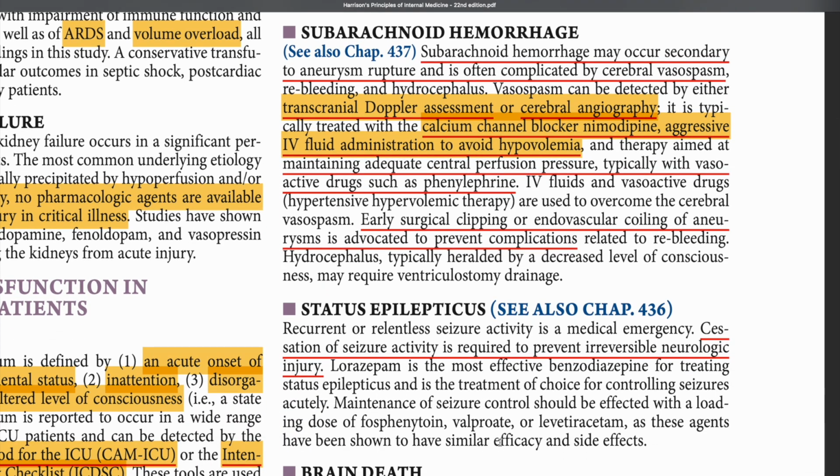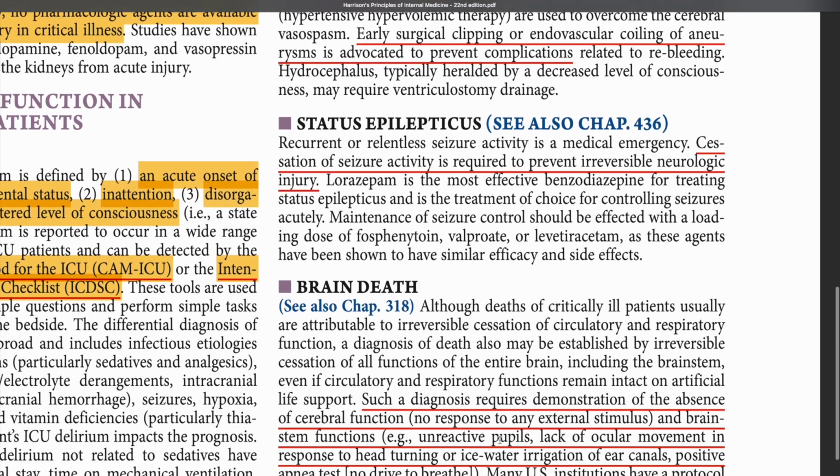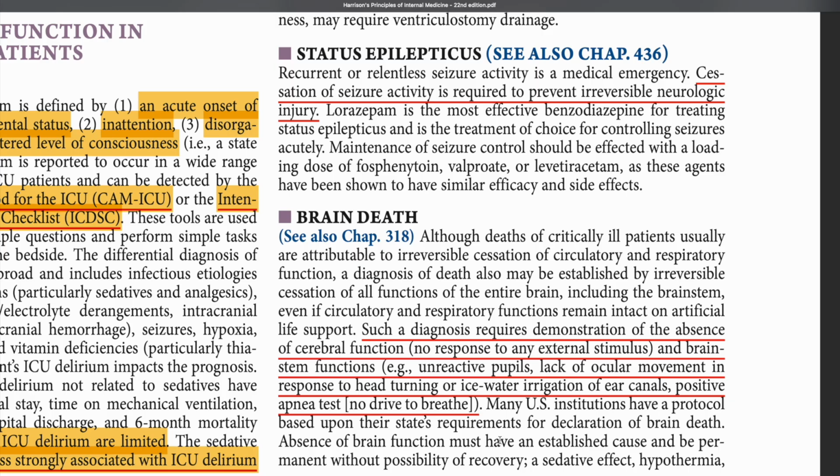Then status epilepticus is also a medical emergency. Cessation of seizure activity is required to prevent irreversible neurological injury. So lorazepam is the most effective benzodiazepine for treating seizures. Then brain death is also seen in critically ill patients.